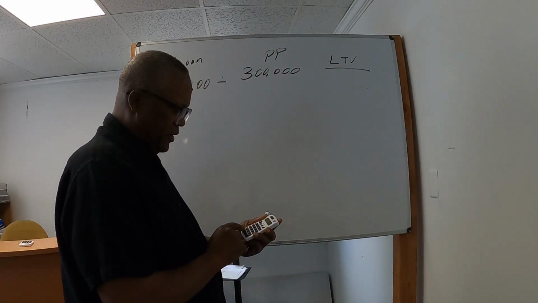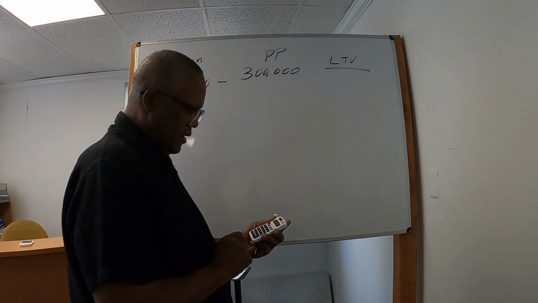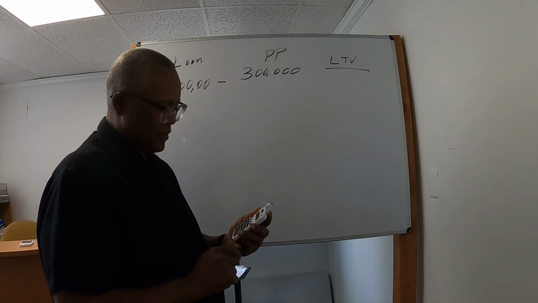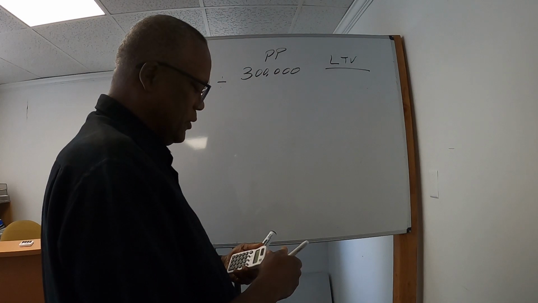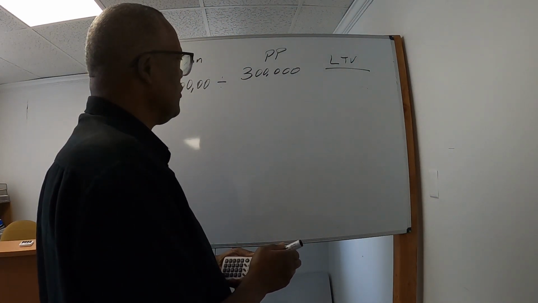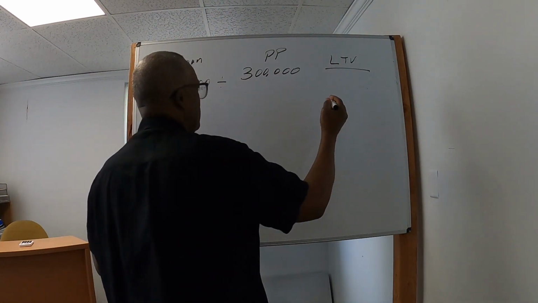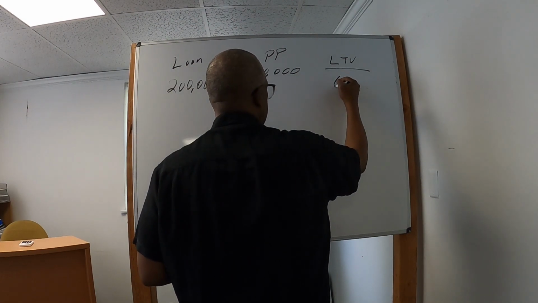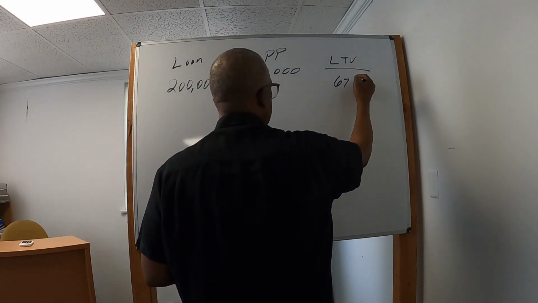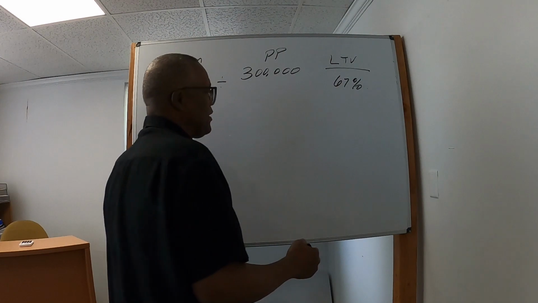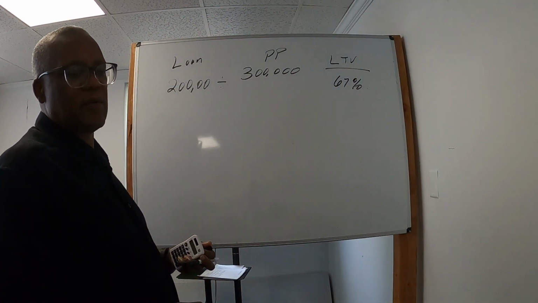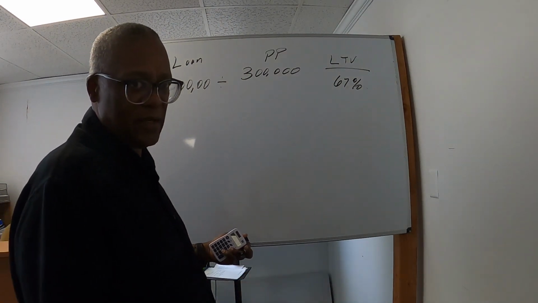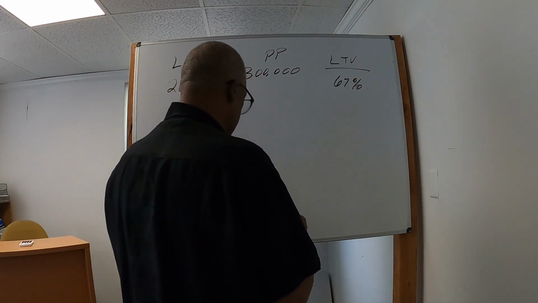You can probably do the math in your head real easy. We got 66%, or you can round to 67%. So our answer for this one would be 67%. We rounded it up because it came out to 66.666. All right, let's do another one.